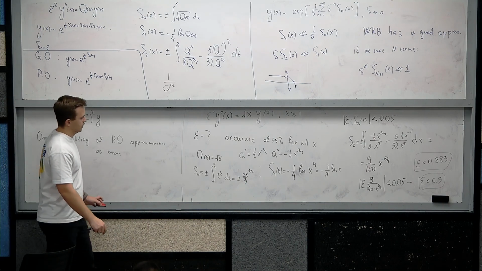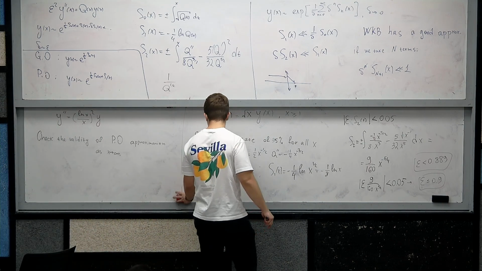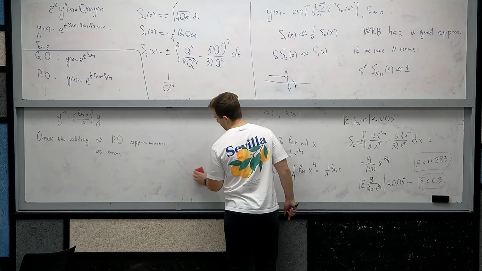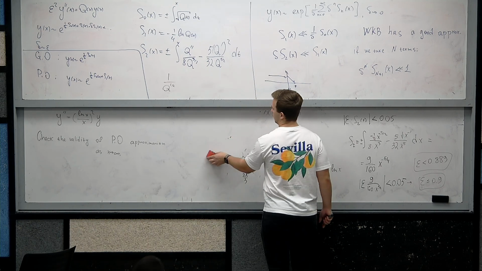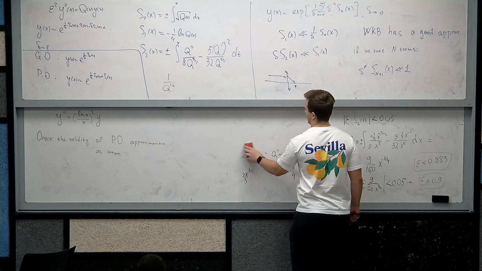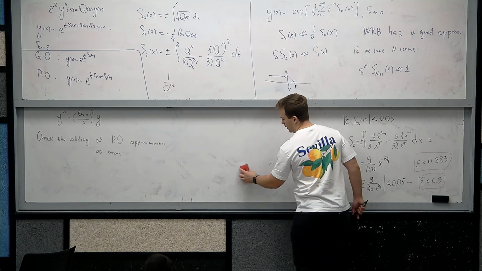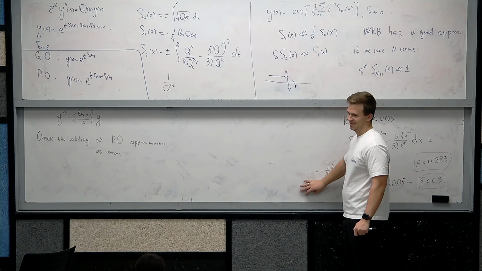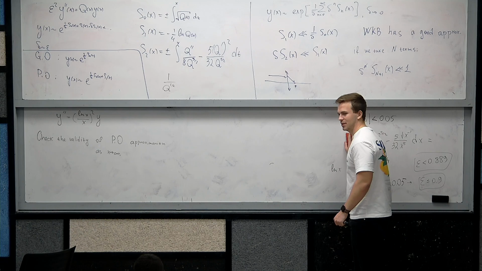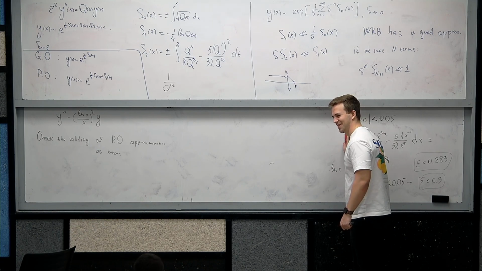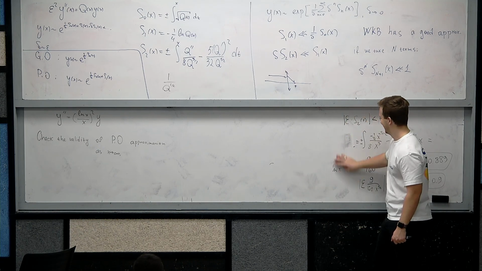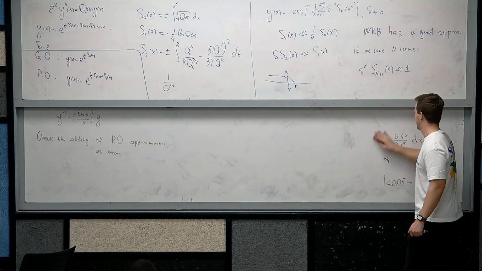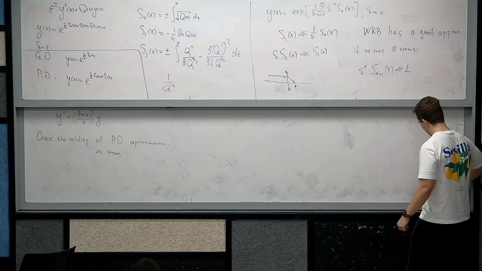So to check the validity, what should we do? Delta S to X should be much smaller than epsilon squared. But you can guess what the value of epsilon is here. In this case, epsilon is 1.